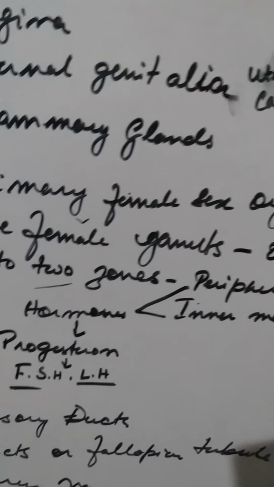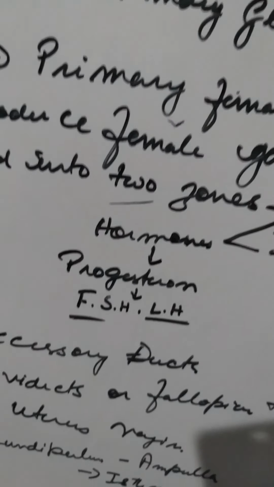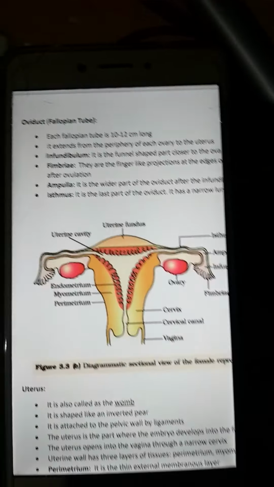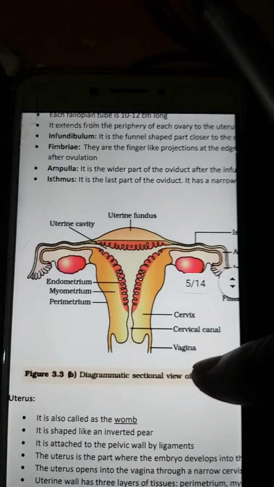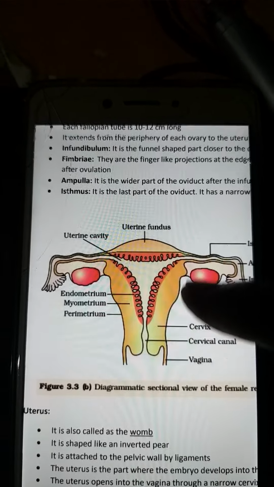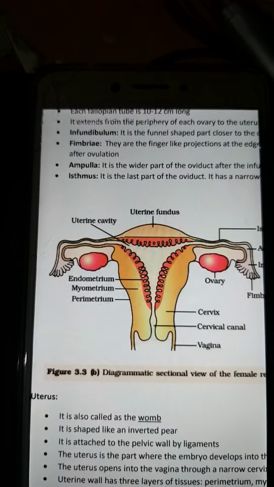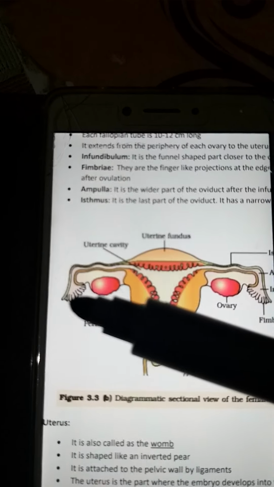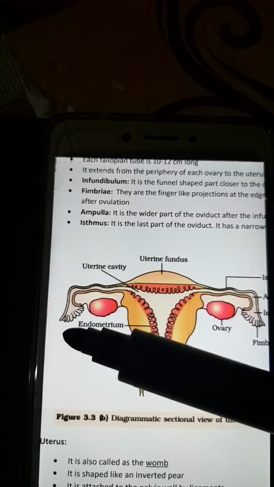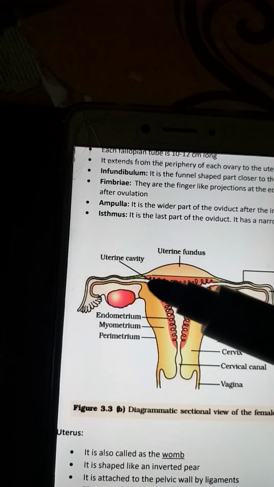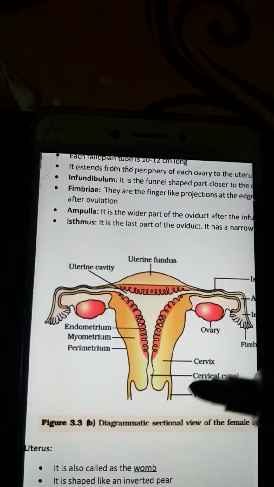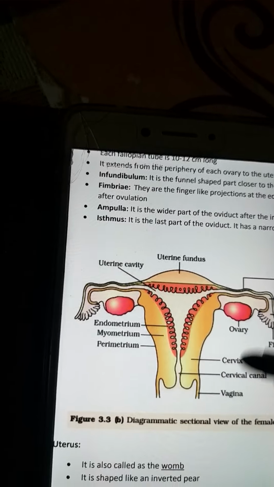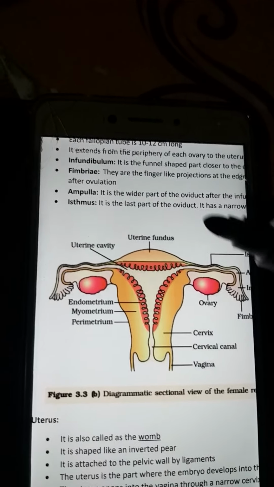Okay, now if you can see this diagram, this is a clearer view of it, and it is in your book also. This is the fallopian tube, this is the cavity, and this entirely is what you call the functional unit of the female reproductive system.